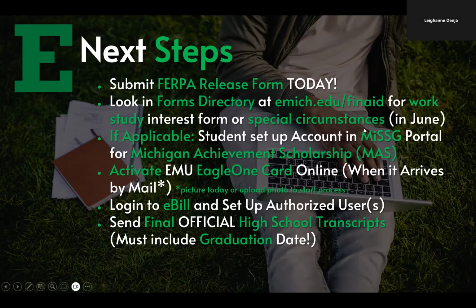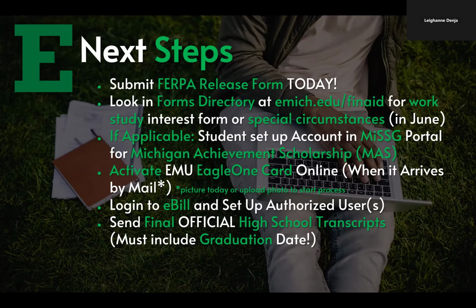Another typical form that families might be looking for at this period in time might be a special circumstances form, or a loss of income form. Because the FAFSA is based on information from 2024, and that's 2 years ago, sometimes situations have changed. Sometimes a parent may have lost a job, they may have separated, and that changes the financial information that was imported from 2 years ago.